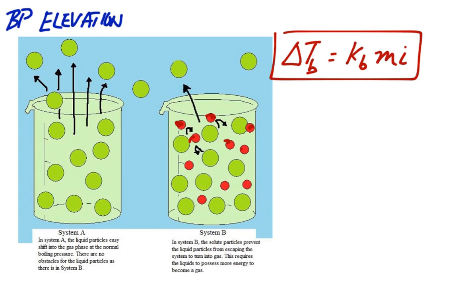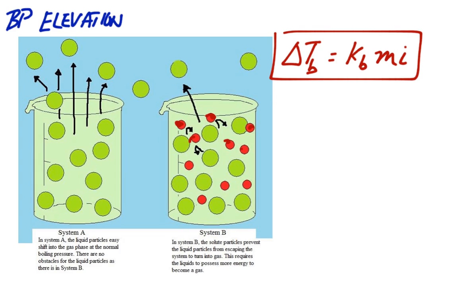The equation that we use to calculate this is that delta TB, the change in the boiling temperature, is equal to Kb, which is the molal boiling point constant, meaning we can find it on a chart, times the molality times i. And i is actually a measure of how many pieces the solute breaks apart into when you put it into water.